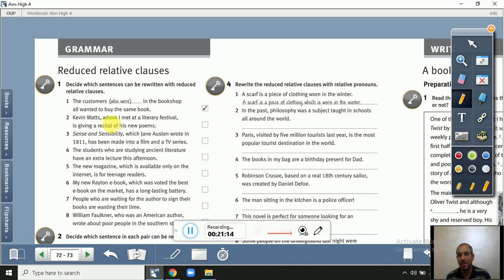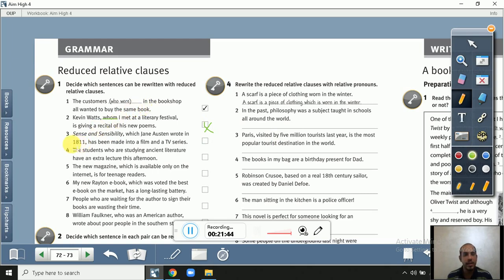No, it doesn't. So the first condition is not applied here. The second one, is it relating to a subject or to an object? Kevin Watts, whom I met. So I met Kevin Watts. This is an object. So the correct answer is no. I can't reduce this sentence.